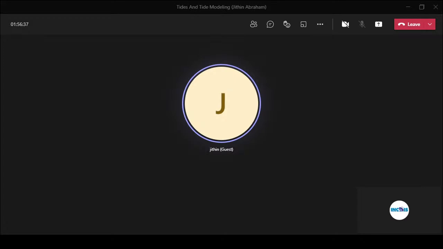Now there is a new satellite mission, the SWOT mission. It will provide very high resolution satellite altimeter data. So in future we can expect more spatial coverage of that satellite data.